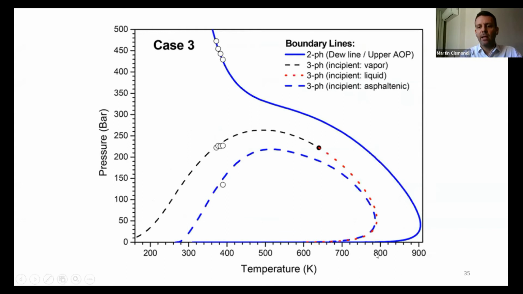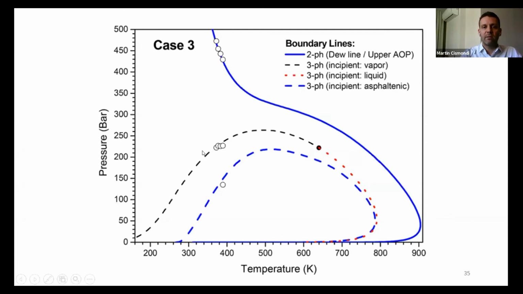In this case, the whole open envelope, this one, is completely stable. And you can get the other envelope if you start calculating from the bubble point side from low temperature. You can get some other envelope, but completely unstable, and that is why it is not included in this figure.